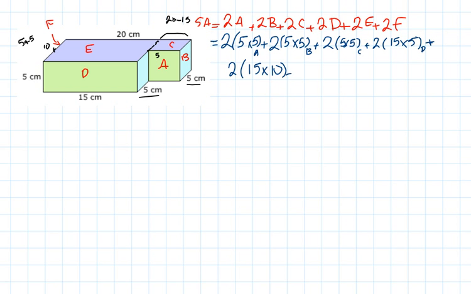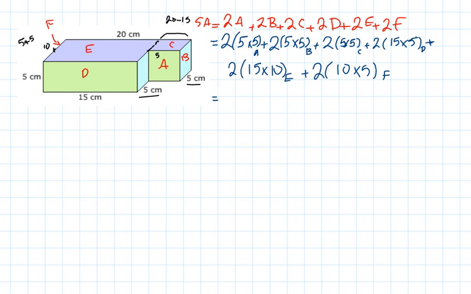That's our E. And finally F. F is 10 by 5.